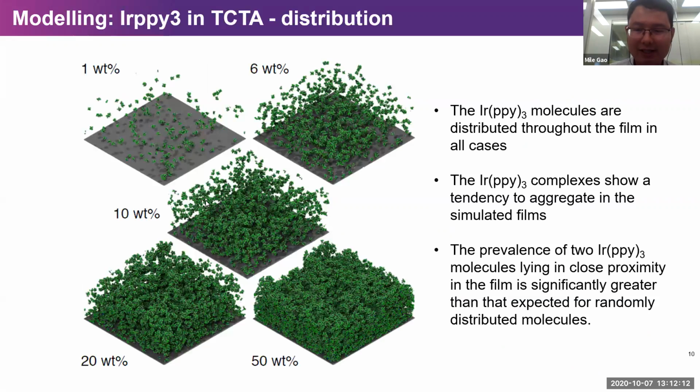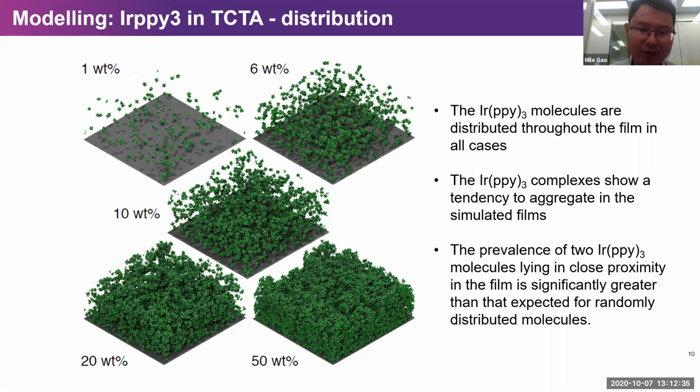And here is the final film morphology for different RP concentrations with the TCTA removed to highlight the distribution of the RPs. As expected, the RP molecules are distributed throughout the film in all cases, but they show a tendency to aggregate in the simulated films.